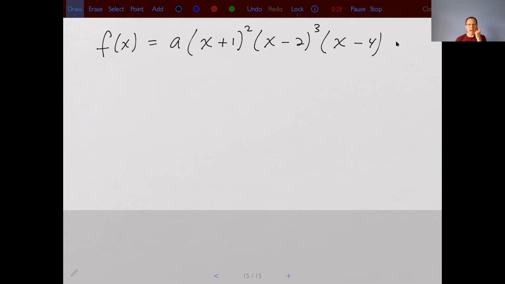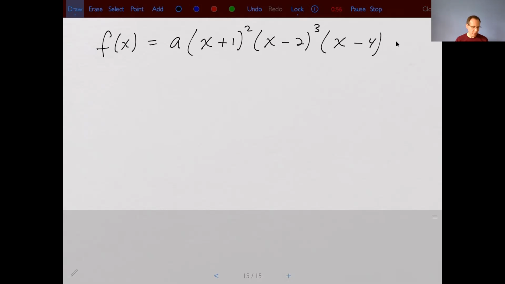And we need to figure out a, so we need to plug in a point that lies on that graph. The easiest point to use was the vertical intercept, the y-intercept. We can't use the horizontal intercepts because if we plug in -1 or +2 or +4, I'm just going to get 0 = 0. That's not going to help me find a.